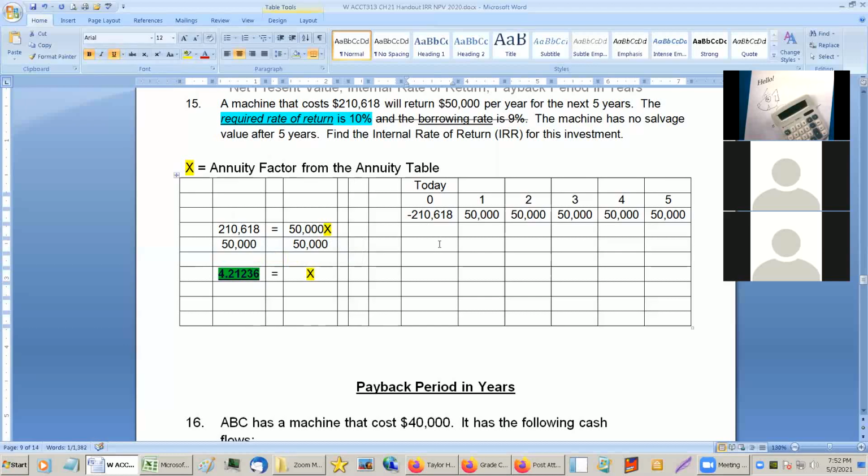Okay, and so you've got to go to the annuity table, and it's for 5 periods.